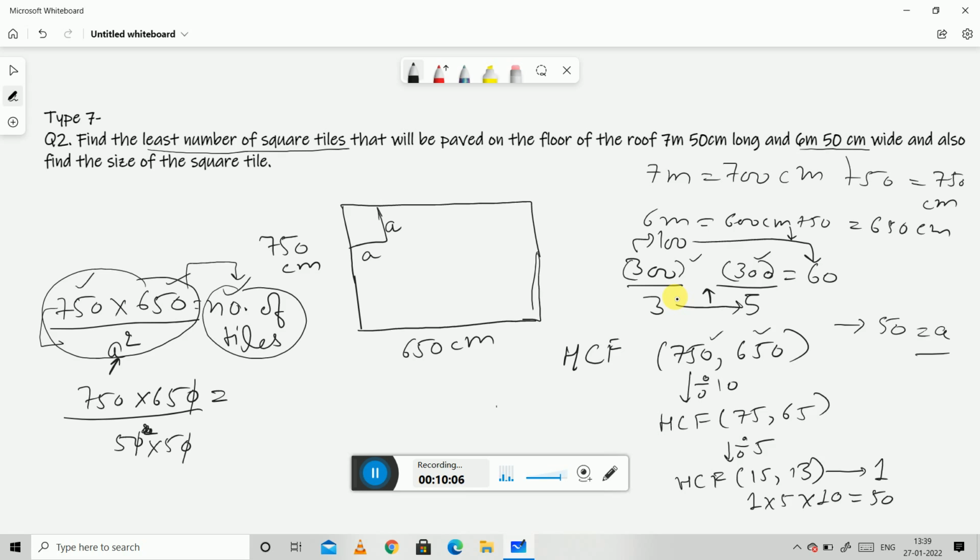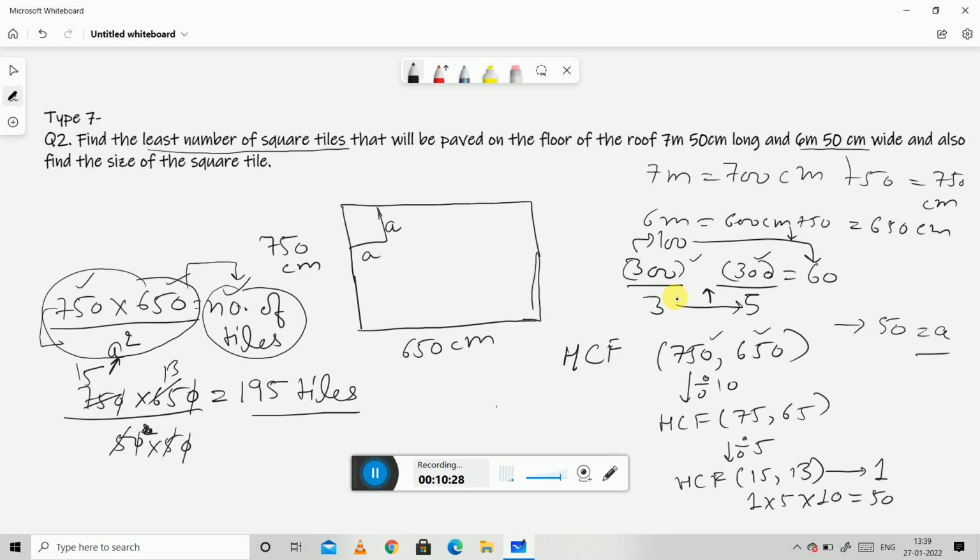Zeros cancelled, zeros cancelled. 5 13s are 65 and 5 15s are 75. If you multiply 15 and 13, you will get 195.